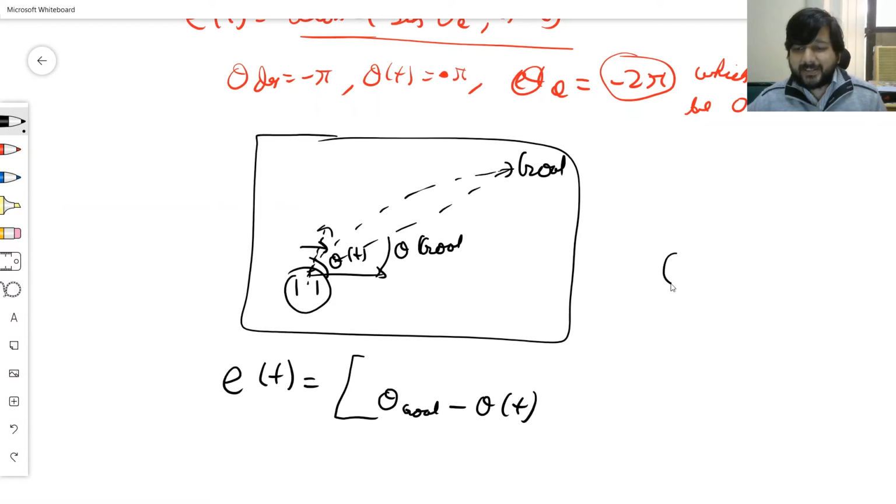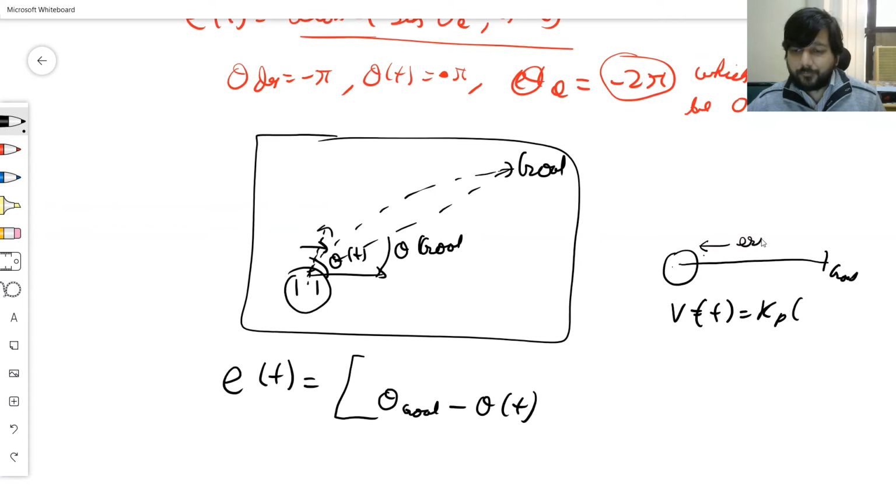If I had a smaller problem that you just have to reach the goal, you would have said V is equal to Kp times the error. The error would have been this distance, that's the distance between goal and my current agent minus the radius of the robot.